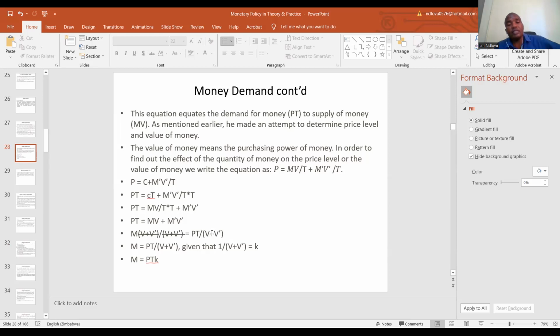So that's why I'm saying let K be equal to 1 over V plus V prime, such that this K will be multiplying the T, because it's T divided by that, which is just T multiplied by the K, which now stands for 1 over V plus V prime.